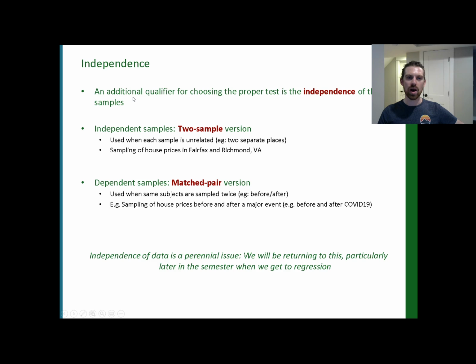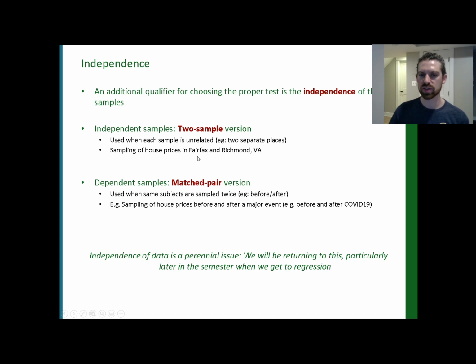Independence. I've mentioned this many times before because I've spoken about randomly sampling and making sure that our data techniques conform to that requirement that our samples and the data that we collect are independently produced. So for independent samples, if we have a 2-sample version, then this is when the samples are unrelated.